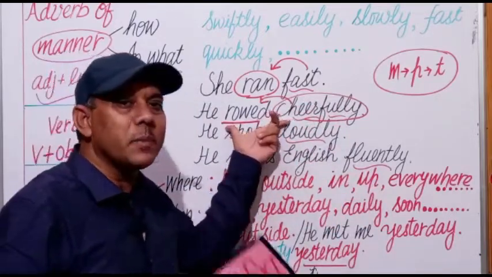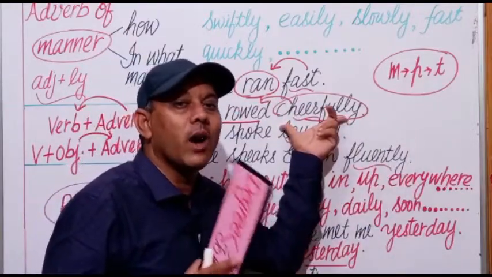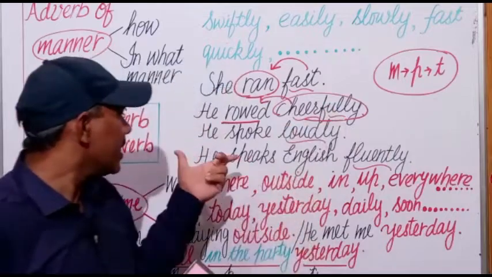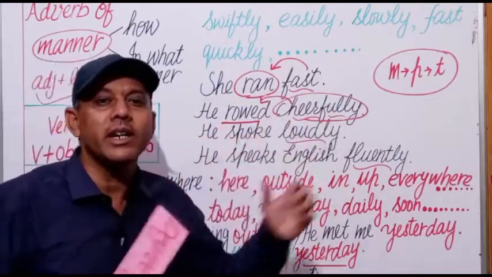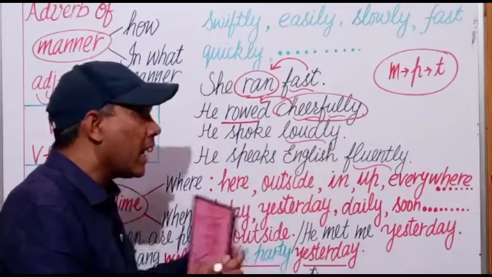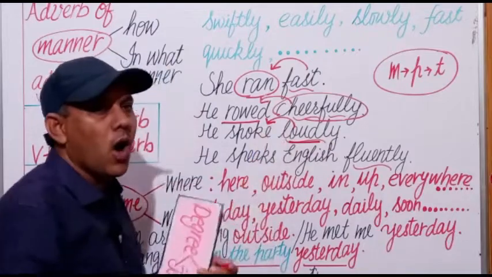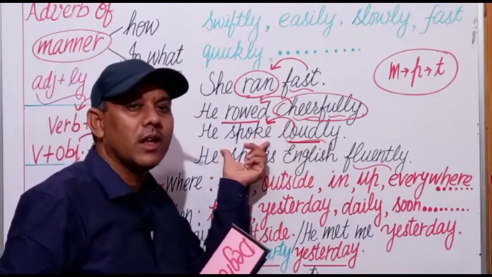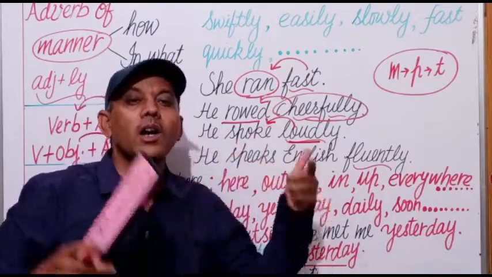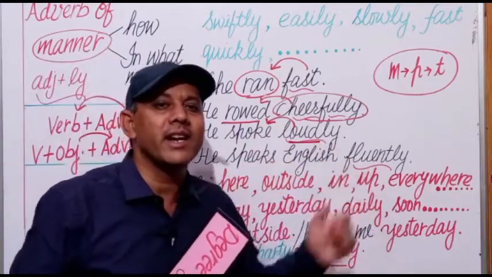The action took place cheerfully. That's why this is an adverb of manner. Next is, he spoke loudly. How did he speak? He spoke loudly. Again, this word loudly describes this word spoke. Next is, he speaks English fluently.